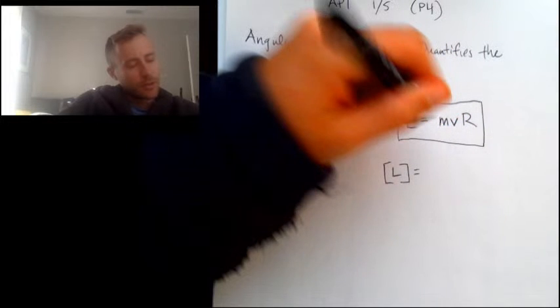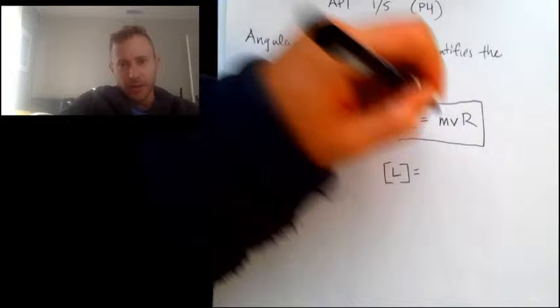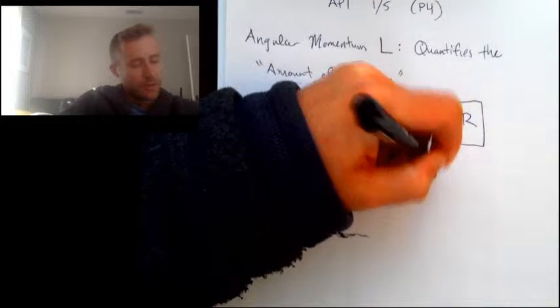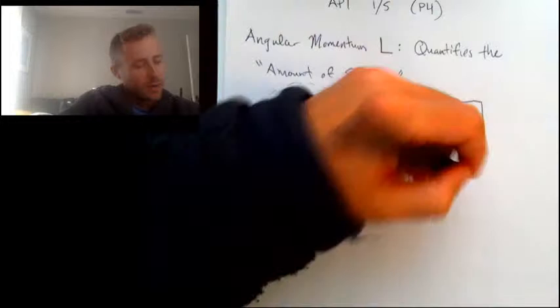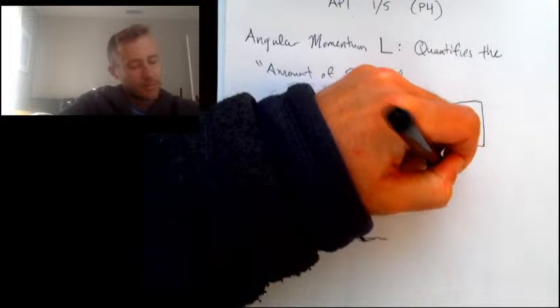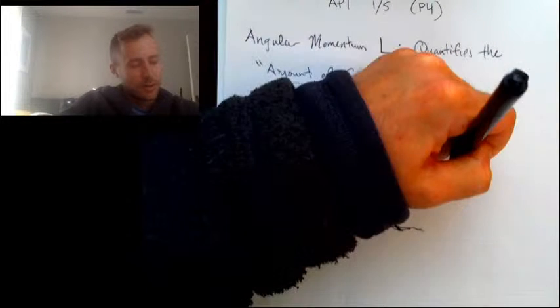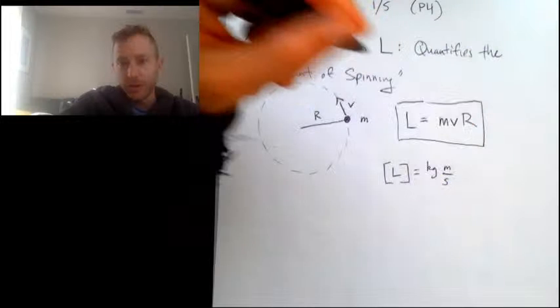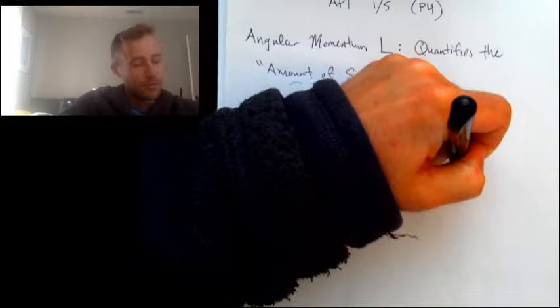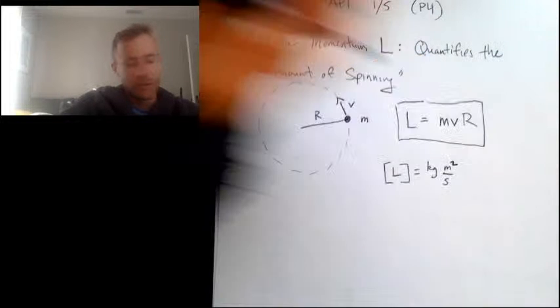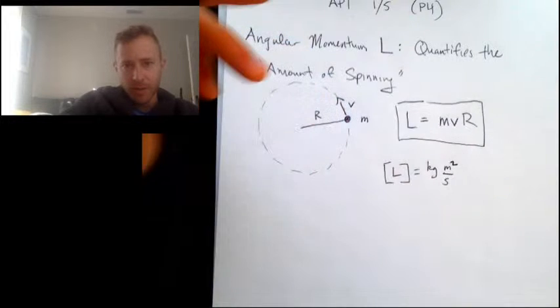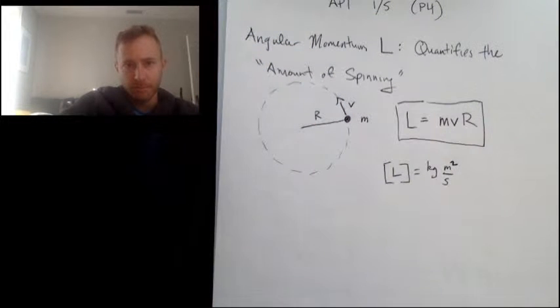Units of mass are kilograms. Units of velocity are meters per second. And units of radius, well, radius is a distance, so that's another meter. So I'm going to put meters squared. So the units of angular momentum are kilogram meters squared per second.